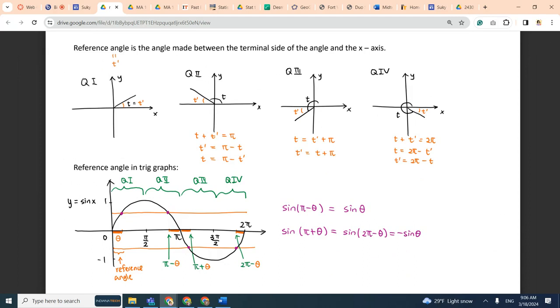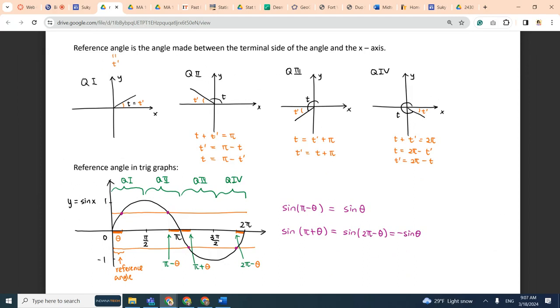And do you see this is pi? And this little piece is theta. Therefore, this angle is pi minus theta. Does this make sense, everybody? Like the second quadrant, do you see our reference angle is t prime, right? Here I use theta. So the angle is pi minus theta. Okay?